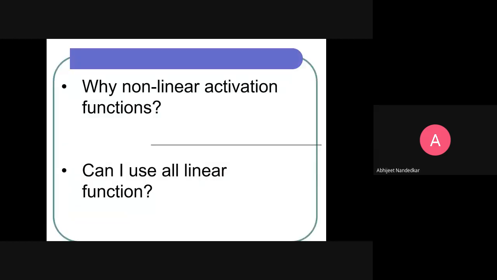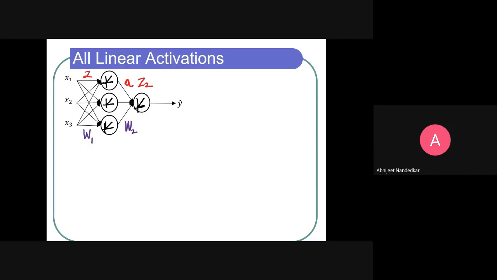So in last class, we have seen why nonlinear activation functions are important in a network and what happens if I use only linear activation functions in a network. So we took an example of one hidden layer and one output layer network with all linear activation functions.